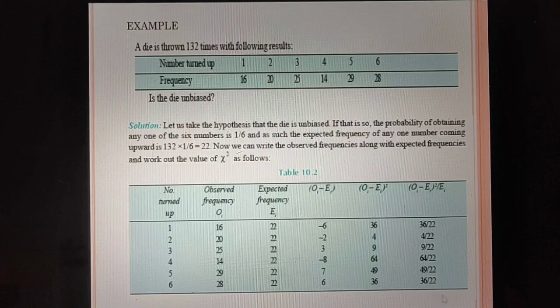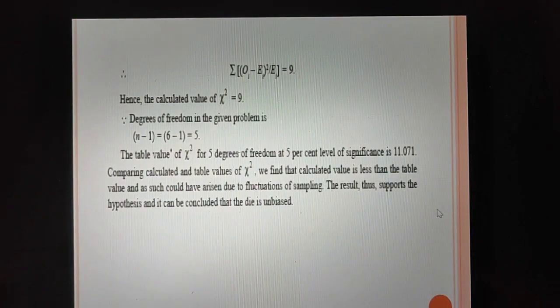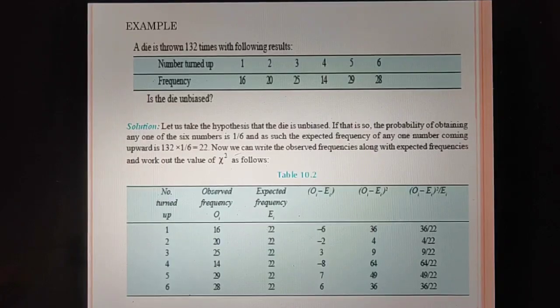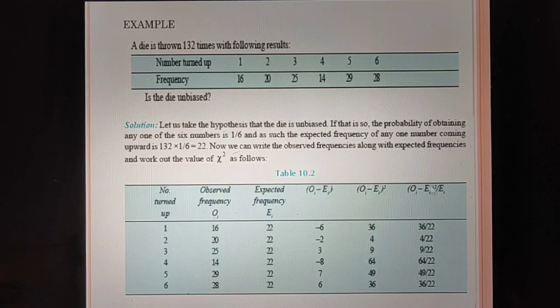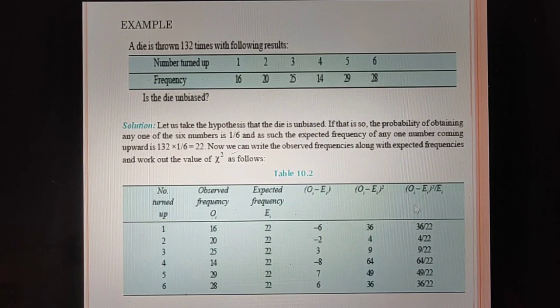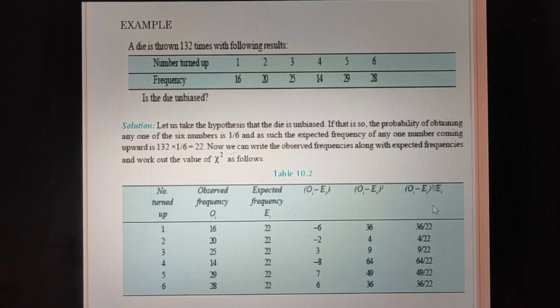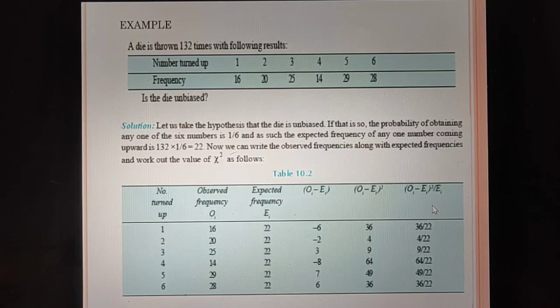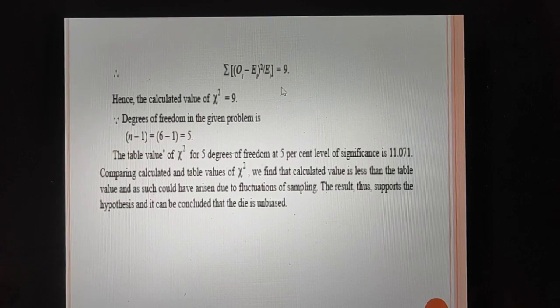We get these values here, and in the next step we do the summation, which is our required result. If we do the summation of these values, we simply get 9. Hence the calculated value of chi-square is 9.